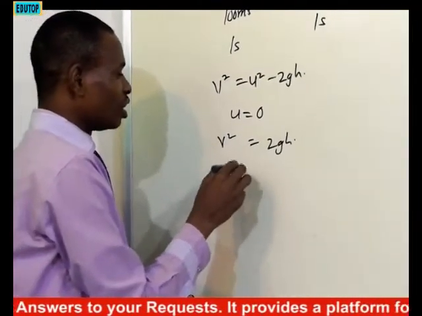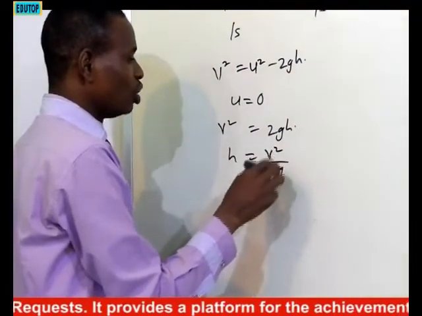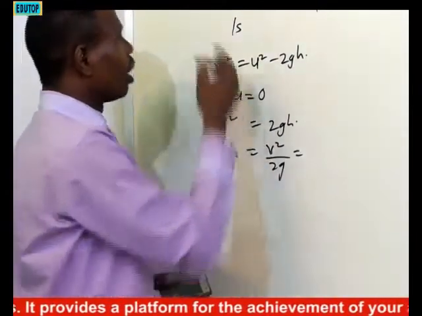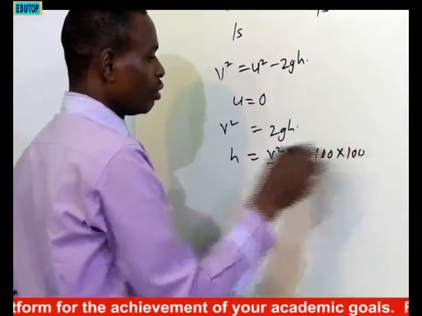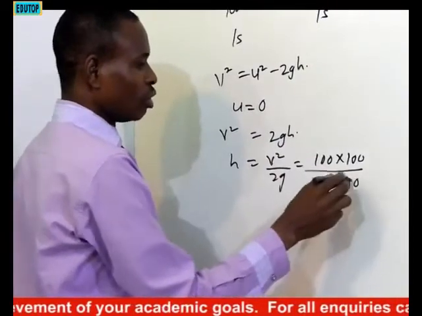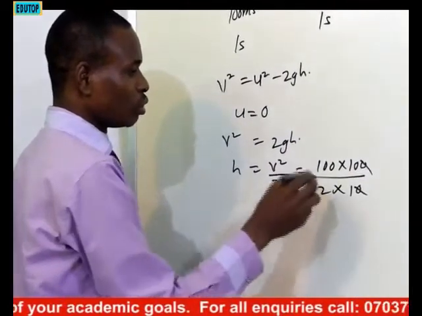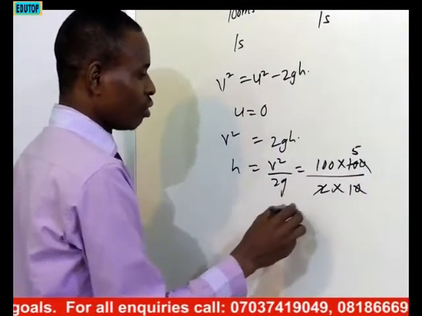Then we are looking for h, so we are going to have v squared over 2g. We are given 100, v squared, that's 100 times 100, over 2 times 10. 0 can do 0, 2 cancels this, that's 5.